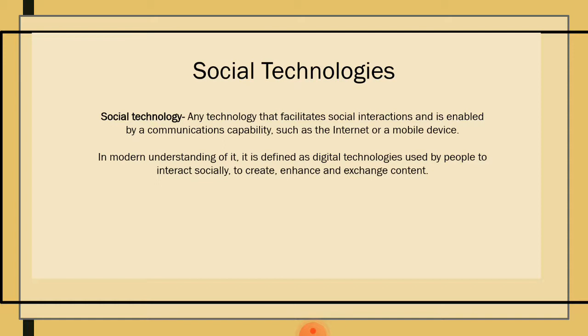In modern understanding of it, it is defined as digital technologies used by people to interact socially, to create, enhance, and exchange content. Social technology could be applied for various purposes such as decision making, gaining and sharing information, and of course for communication purposes.